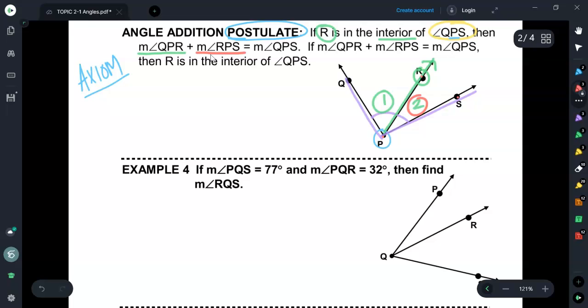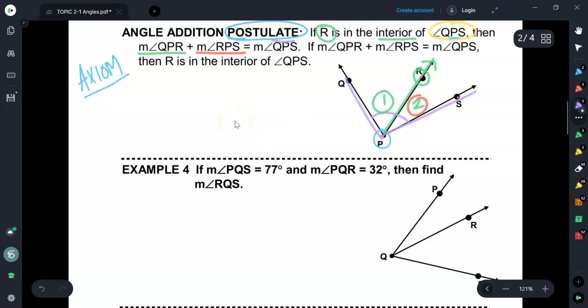The two smaller angles added together, once again, QPR, that's angle 1, plus RPS, that's angle 2. When I add those two together, it's going to equal QPS. And what is QPS? It is the entire angle.